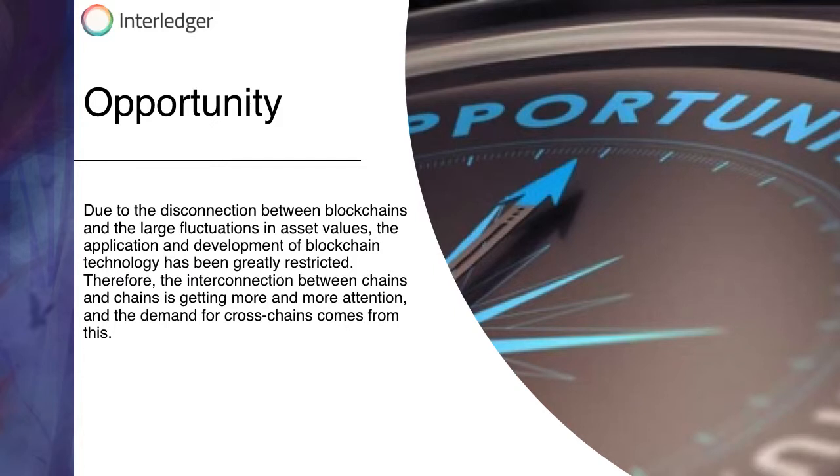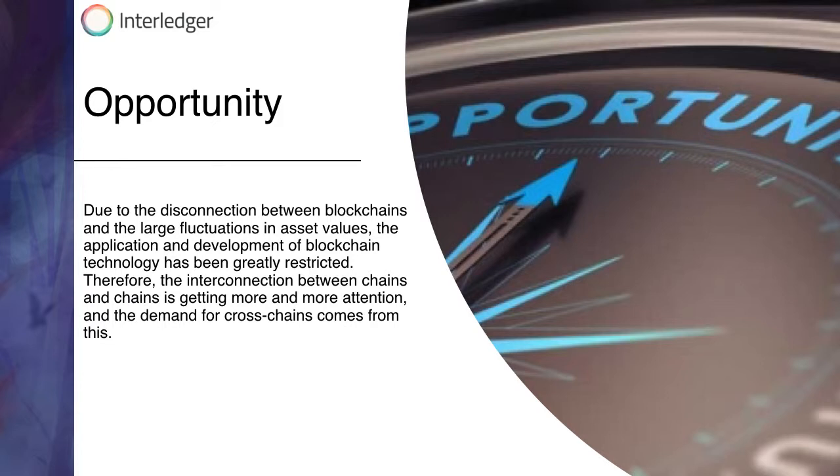And opportunity, yes, it's a very good part. I like it. Due to the disconnection between blockchains and the large fluctuation in asset value, the application and development of blockchain technology has been greatly restricted. Different technologies, different kinds of blockchain, different kinds of virtual currency greatly restrict development.